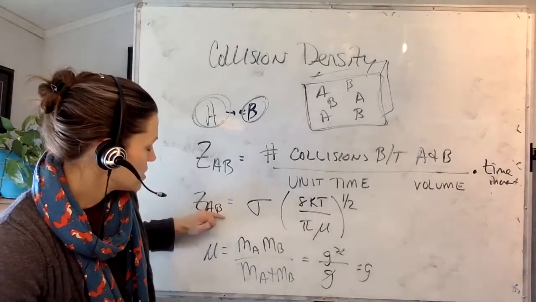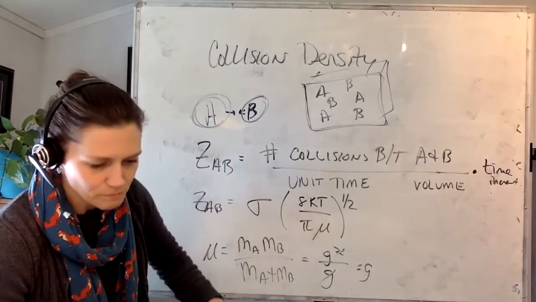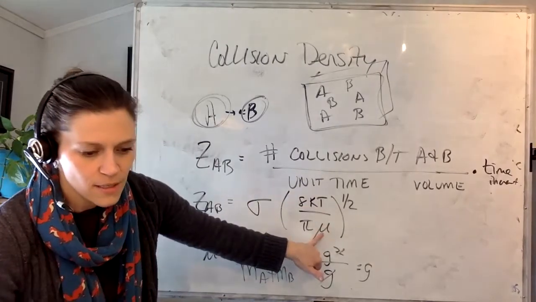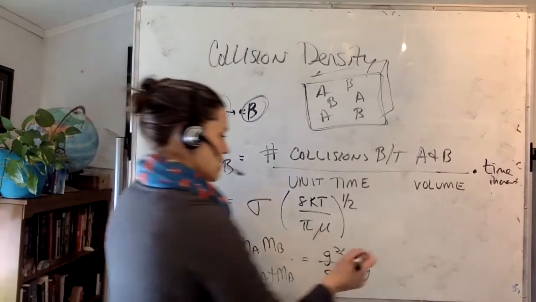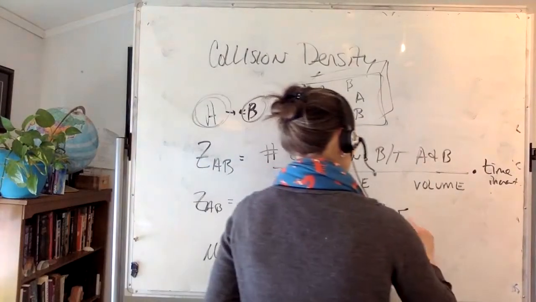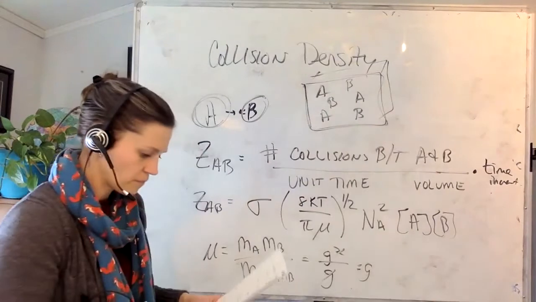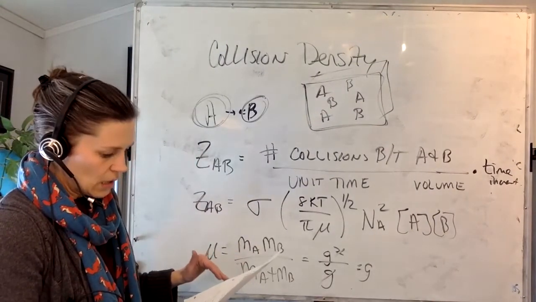Okay, so ZAB is equal to cross section times this, which comes from kinetic molecular theory, where temperature to the 1/2 divided by molar mass. But this is going to be the combined mass or the reduced mass of that. The number of particles you've got, Avogadro squared, multiplied by your concentration. Okay, so this is collision density.